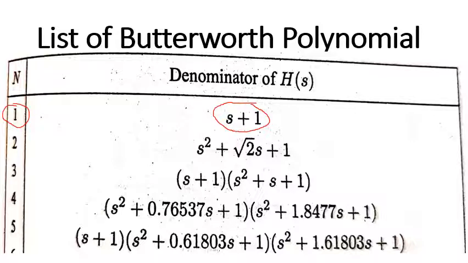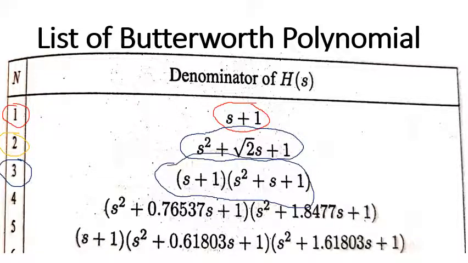If you get order as 2, then we write the denominator of h of s as s square plus square root of 2 s plus 1. If we get order as 3, we write denominator of h of s as this term, and so on. So basically, the denominator of h of s depends on the order that we obtain, and the denominator of h of s should be taken from this table.